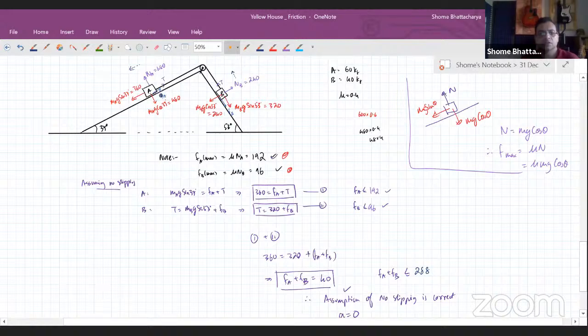You can see here that these equations will be satisfied in such a way that the sum of the two frictions will be 40 newtons. And the acceleration of each of the blocks will be 0. So the final conclusion is this.